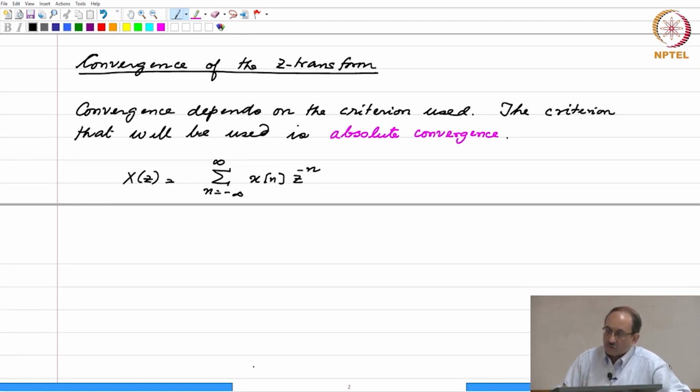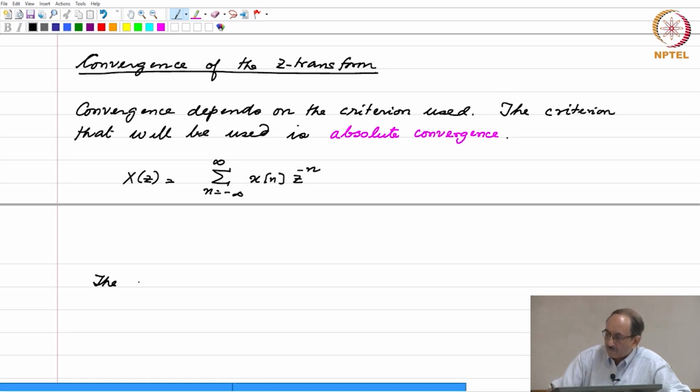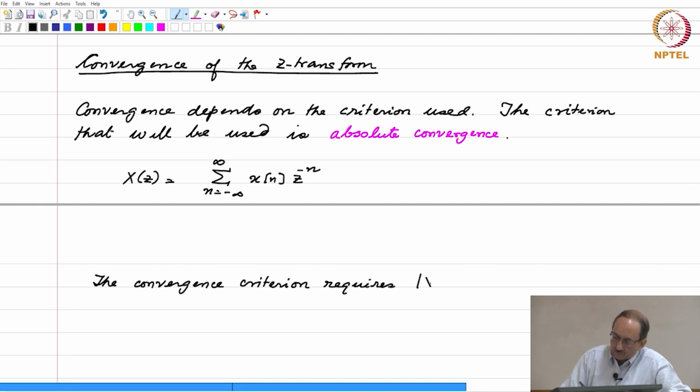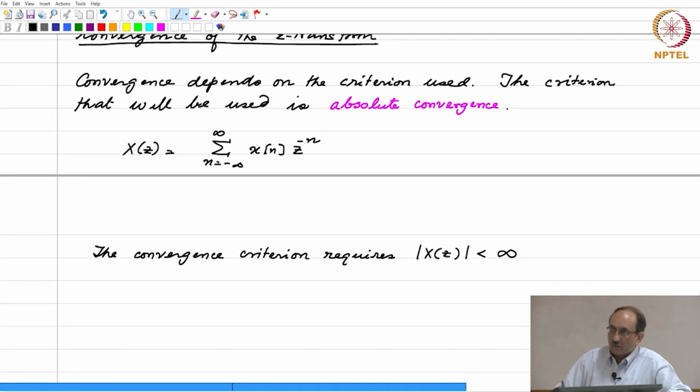The absolute convergence criterion demands that mod X of z be less than infinity. So, this is the criterion for absolute convergence.